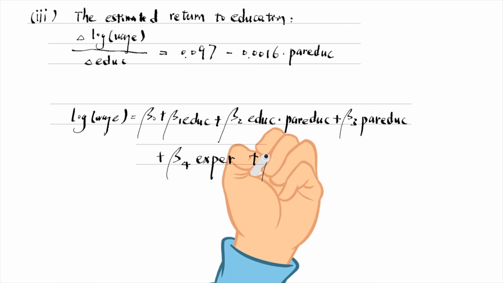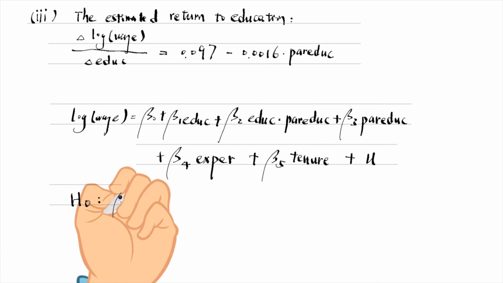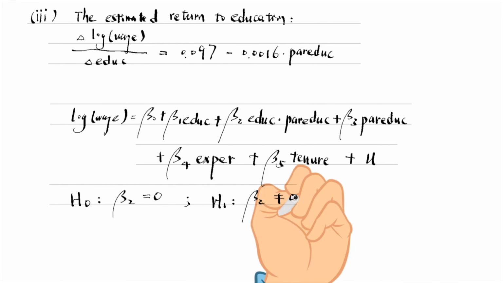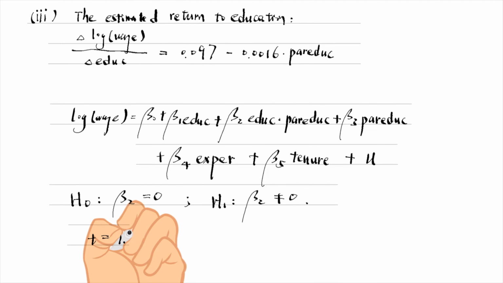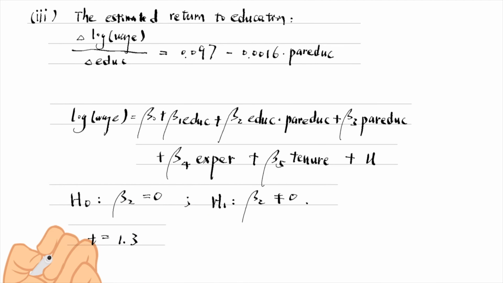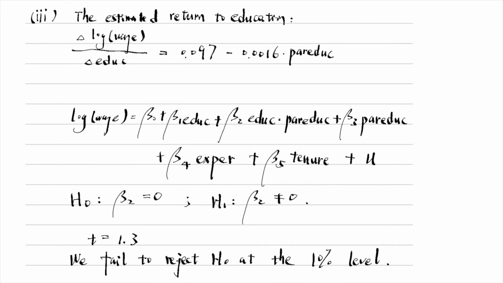The null hypothesis is that beta 2 equals 0. We fail to reject the null hypothesis at the 10% level. The result suggests that after the own education and the parents' education are accounted for, the parents' education has little effect on the individual's marginal educational effect on wages.